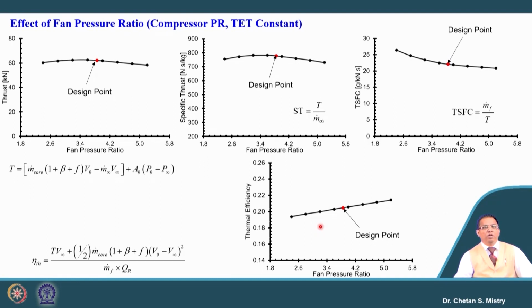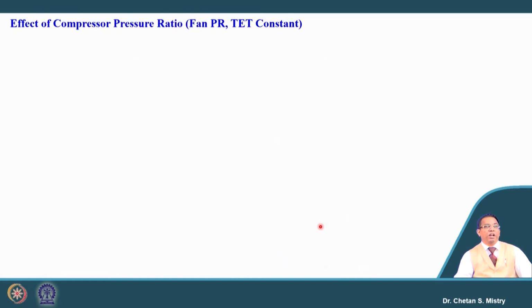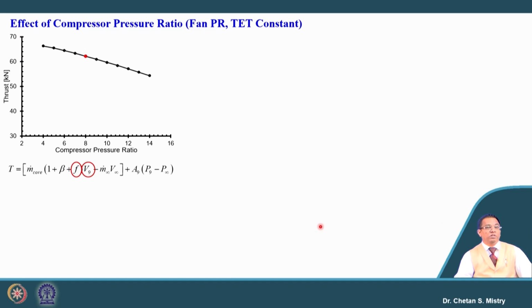Let us look at what is happening with the next parameter. Let us consider the compressor pressure ratio, keeping fan pressure ratio, turbine entry temperature, and bypass ratio constant. Here, when we increase the compressor pressure ratio, we have a reduction in the thrust, and this reduction in thrust is because of a reduction in our exit velocity.